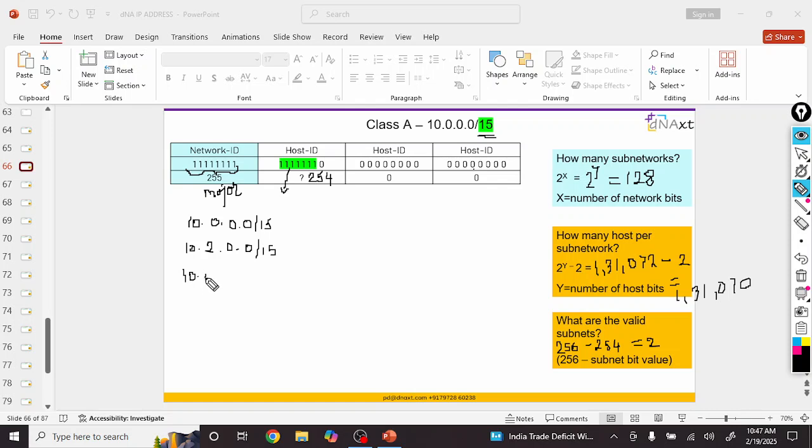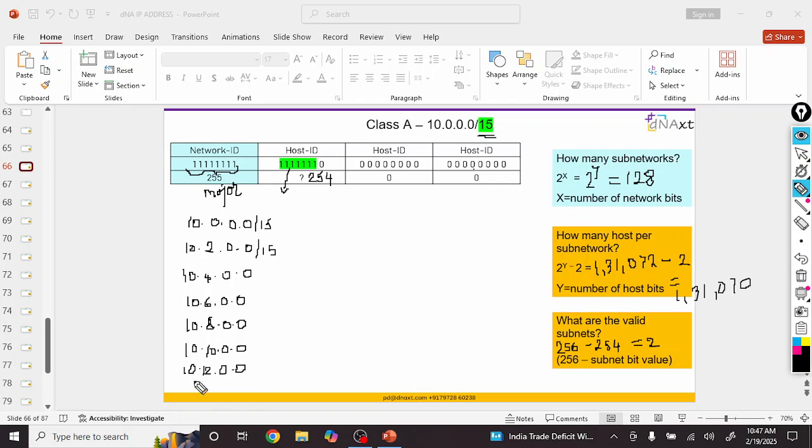10.4.0.0, 10.6.0.0, 10.8.0.0, 10.10.0.0, 10.12.0.0.